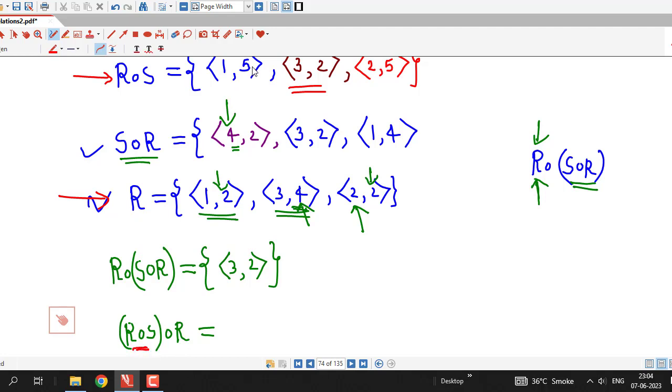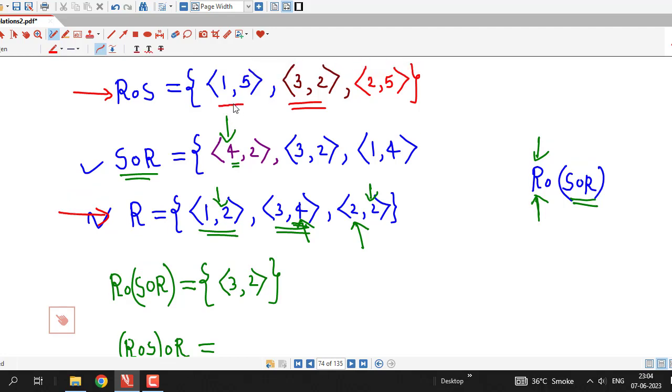So I will start with the ordered pairs in R composite S and search in the second relation, which is R. I start with the ordered pair 1 5 in R composite S, and I have to search whether there is any ordered pair having first component 5. There is none.